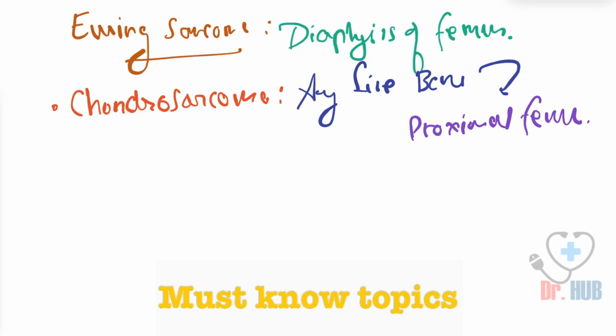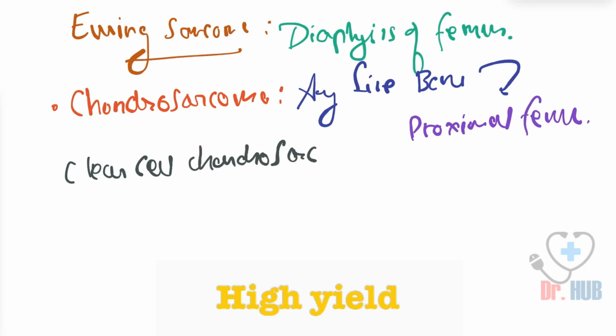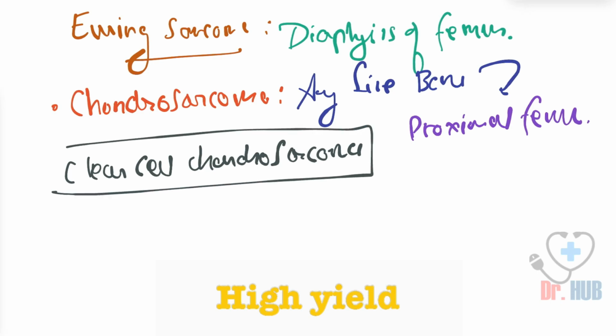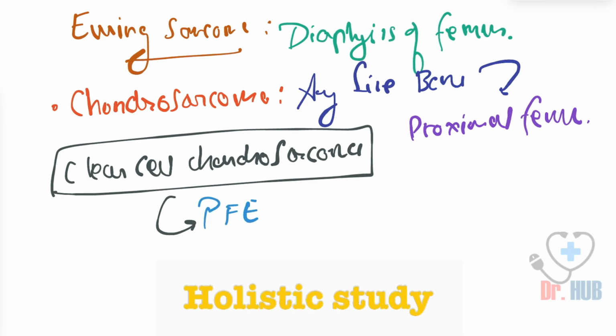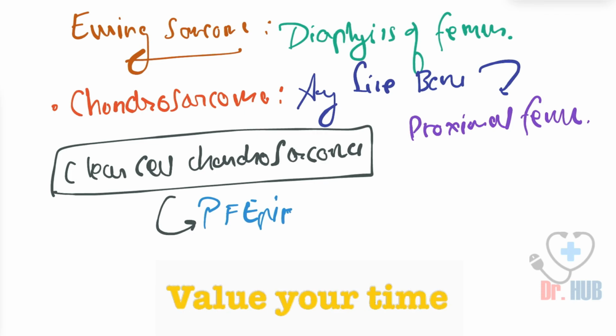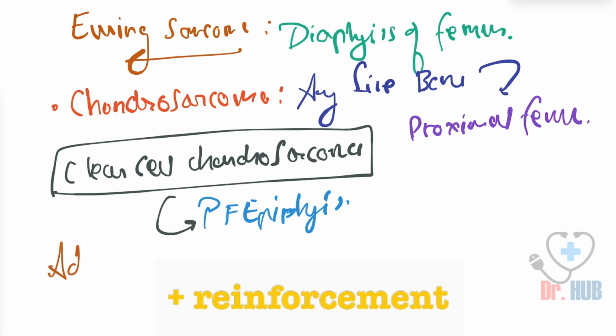Then we look at something known as the clear cell chondrosarcoma. So where is a clear cell chondrosarcoma located? It is located in the proximal femoral epiphysis.